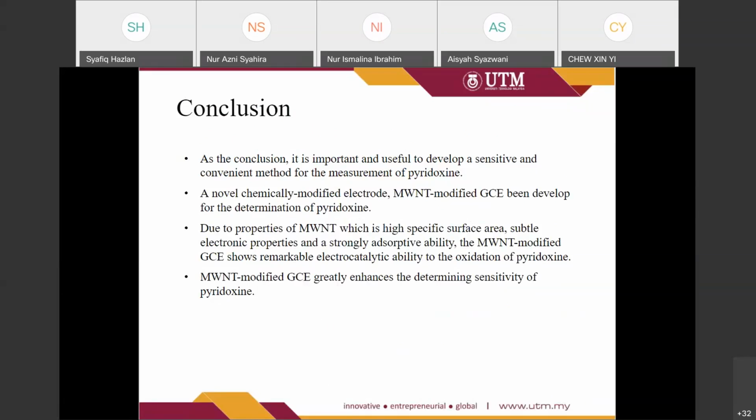Due to the properties of MWNT, which is high specific surface area, subtle electronic properties, and a strong adsorptive ability, the MWNT modified GCE shows a remarkable electrocatalytic ability to the oxidation of pyridoxine. MWNT modified GCE greatly enhanced the determining sensitivity of pyridoxine.